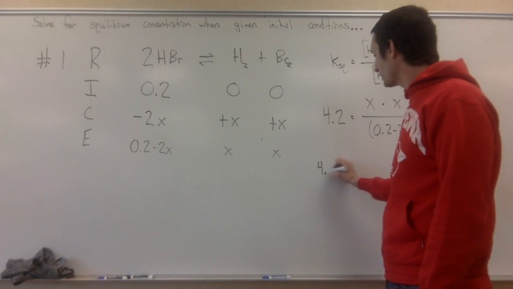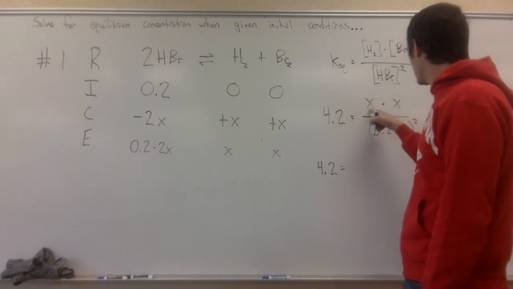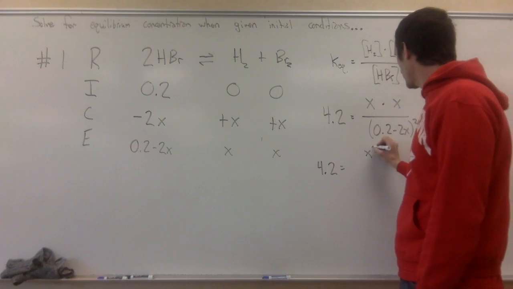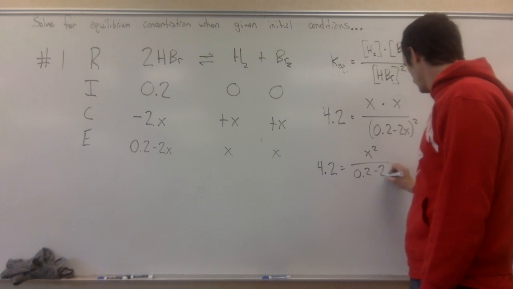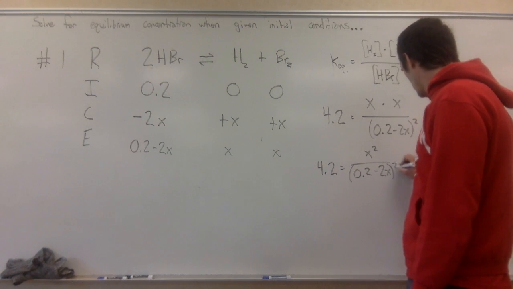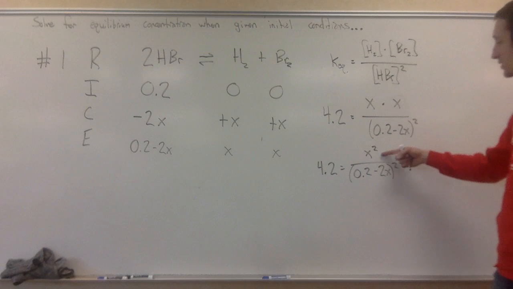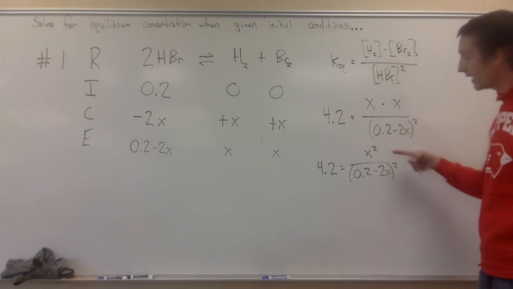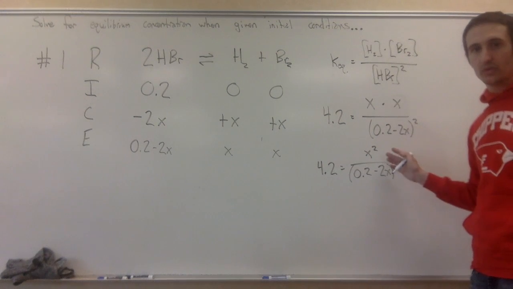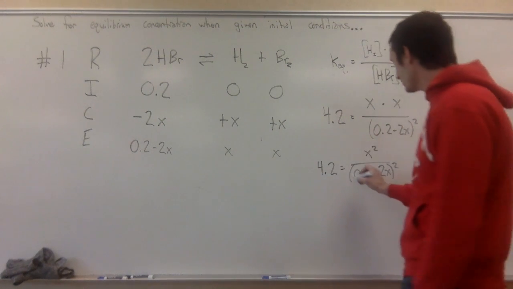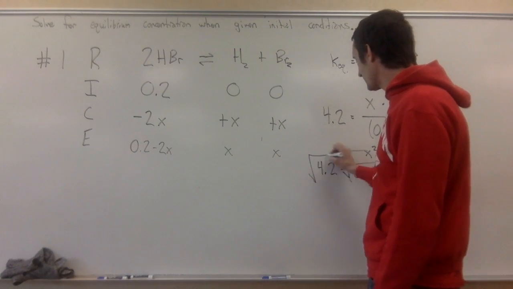I'm going to rewrite it. Instead of x times x, I can just write x squared. And since you have a square in the numerator and a square in the denominator, I can take the square root of both sides of this equation and simplify it that way.